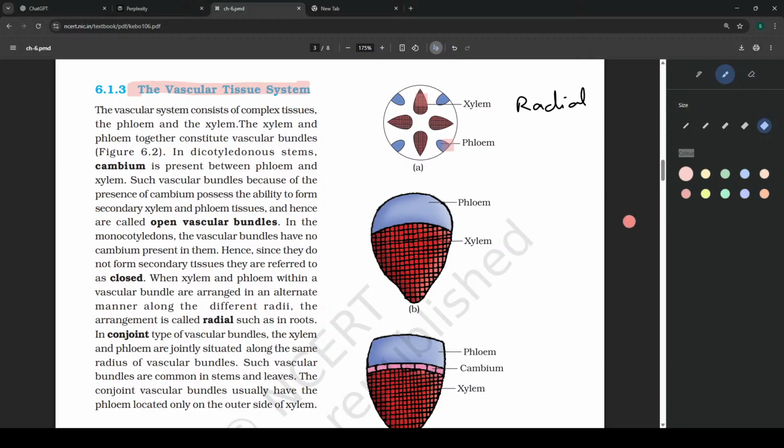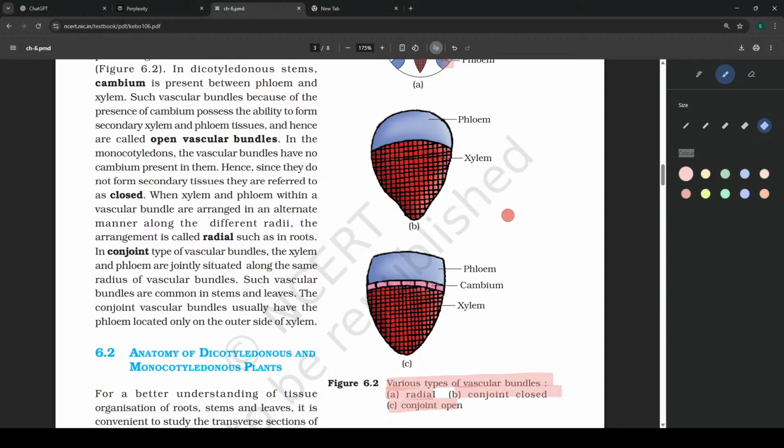And the next one is the conjoint arrangement of the vascular bundles, where xylem and phloem are joined together. This is conjoint closed and conjoint open. One is called open and one closed because of the presence of cambium.